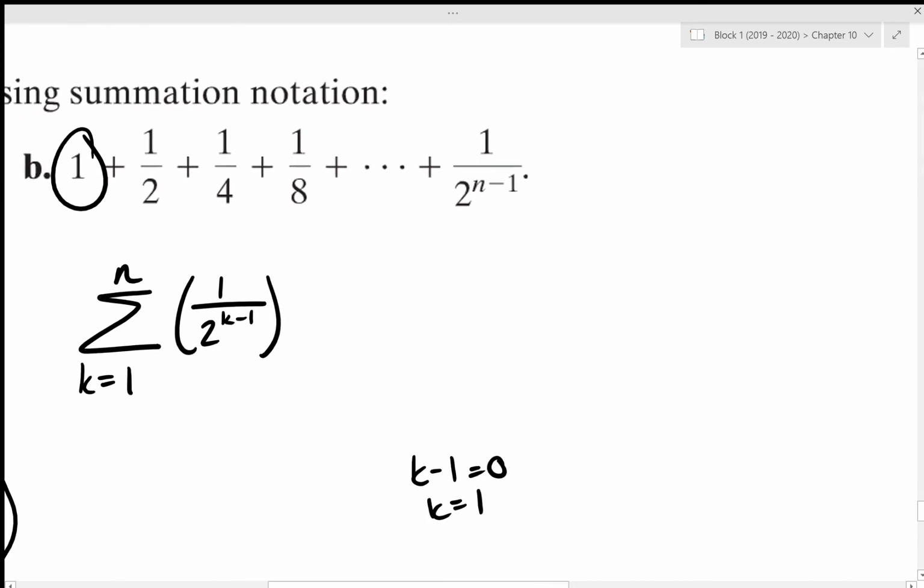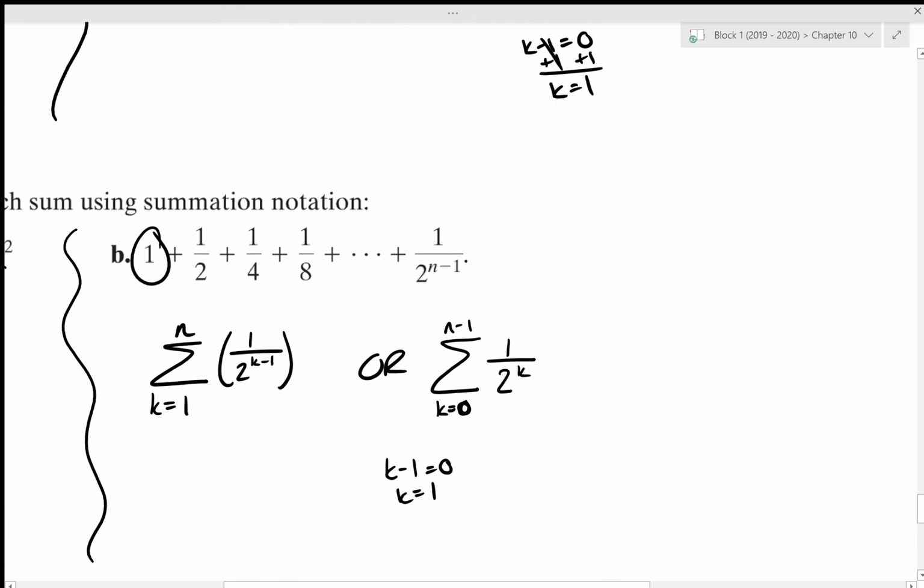You could have also written it as your upper limit being n minus 1, and your pattern being 1 over 2 to the k. And then your starting then, in order to get 1, your k would just be 0. So there are a few ways you could go about this. It's really up to you. I will accept both.